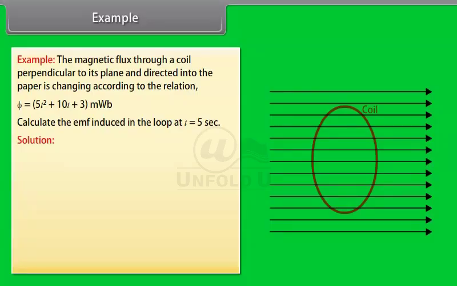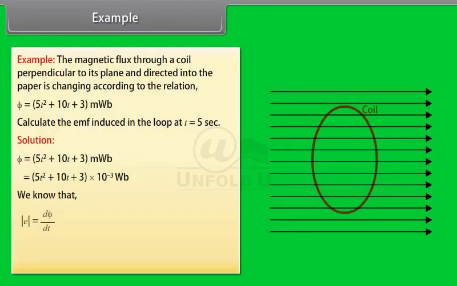Let's see the solution. Given phi = 5t² + 10t + 3 milliweber, it can be written as phi = (5t² + 10t + 3) × 10^-3 weber. We know that E = d phi/dt.